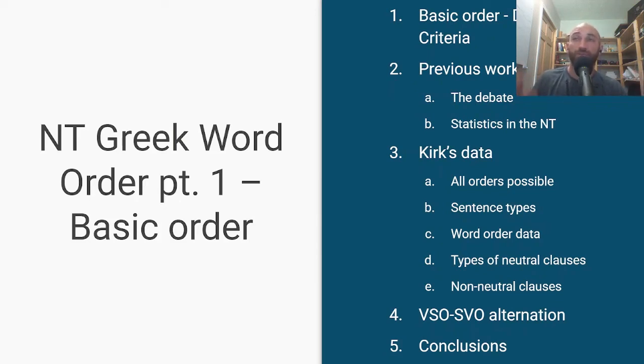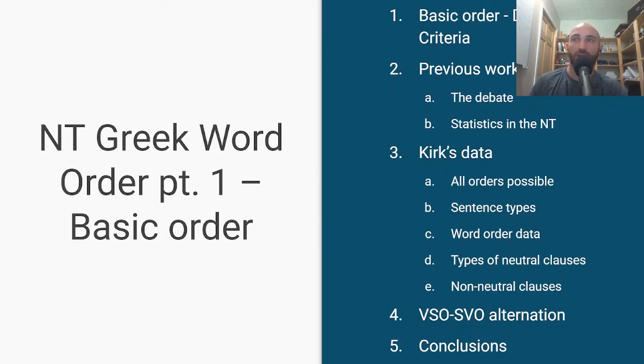And we looked at three neutral contexts: situational sentences, broad focus questions, introductions to parables. SVO was found in all three, and VSO was found in situational sentences. So if those are both good examples of pragmatically neutral contexts, then we would have to conclude that both of those are neutral orders or basic in the language.